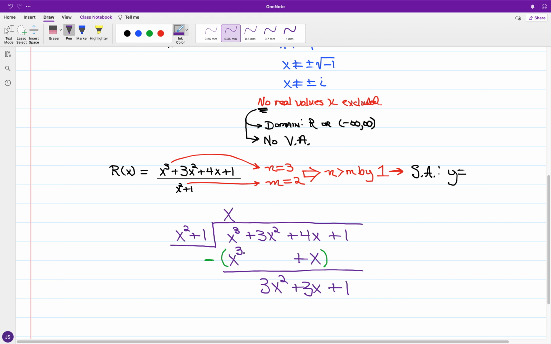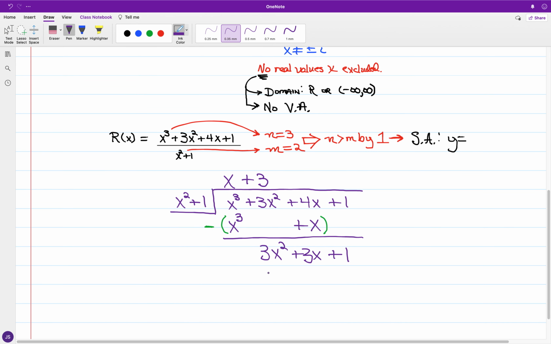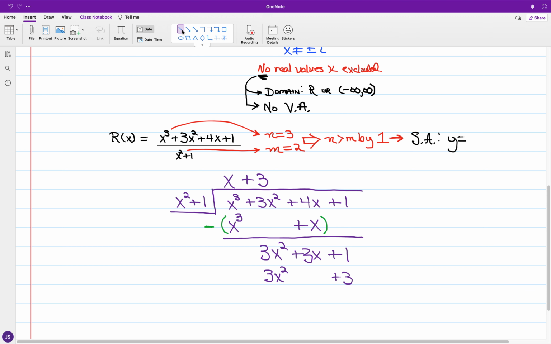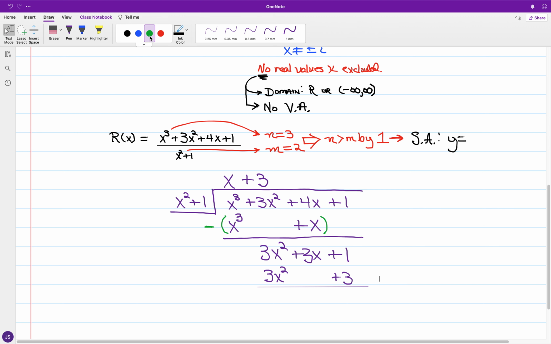And then for the next go round, after starting out taking x squared into x cubed, we now have taking x squared into 3x squared. So this is going to be positive 3. And with the next bit of distribution, 3 times x squared plus 1 is going to be 3x squared plus 3. In taking the difference between the sets of terms, we're going to have 3x squared go out. 3x, again, remains untouched.